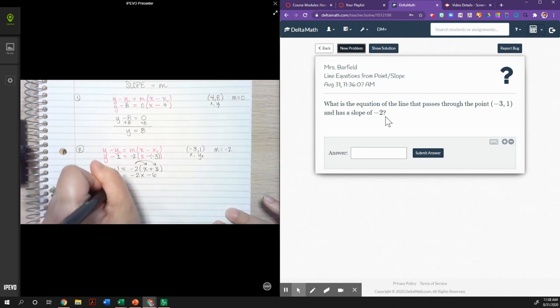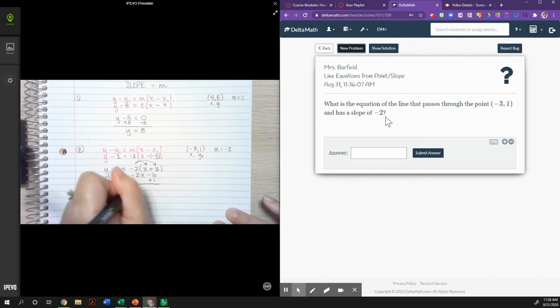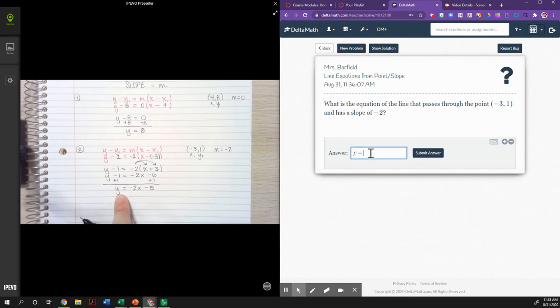Now I'm going to add 1. Look where I add 1 to, right underneath its like term. So I get y equals negative 2x minus 5. So there's my answer. I go over here, y equals negative 2x, and then minus 5.